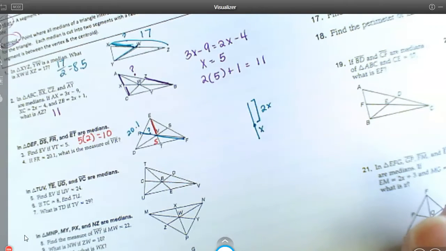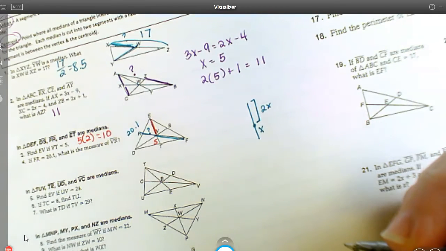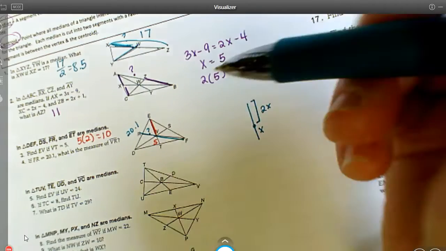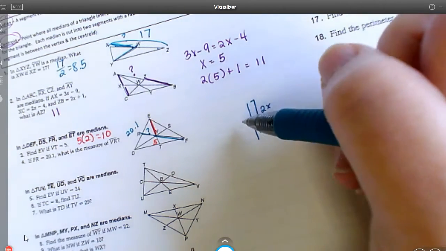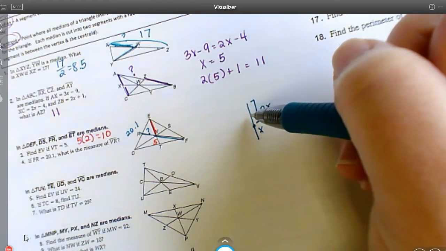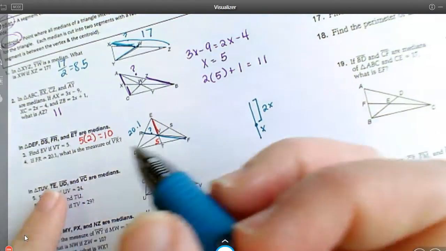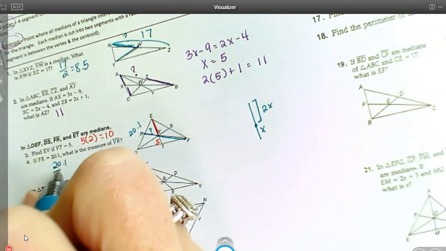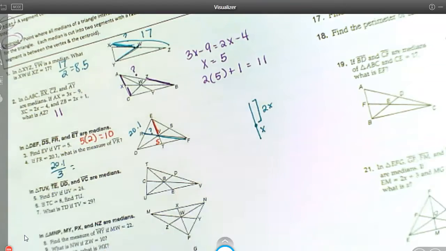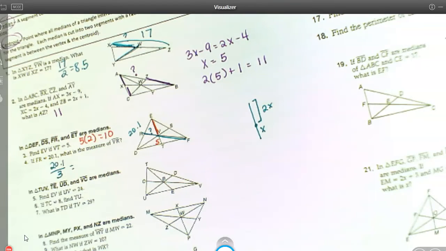So if I wanted to find just the part underneath, what would I do? Divide by 3. It's like there's 3 parts to it. Even though this is twice as long, there's still 3 parts to this side. So I'm going to have to take 20.1 and divide by 3 to find what I'm looking for.